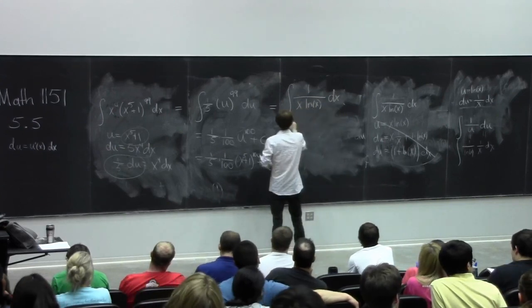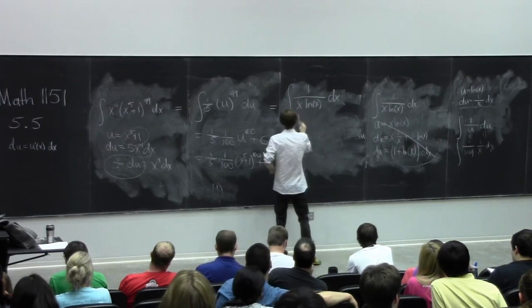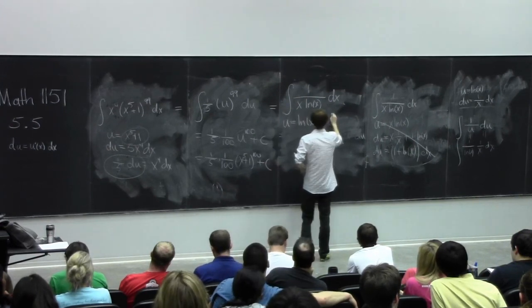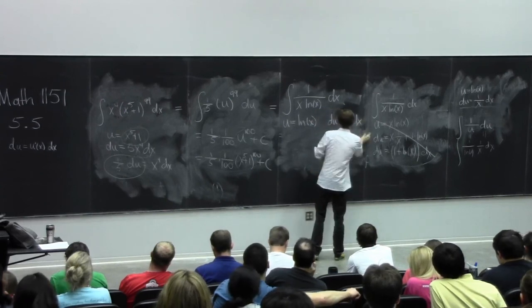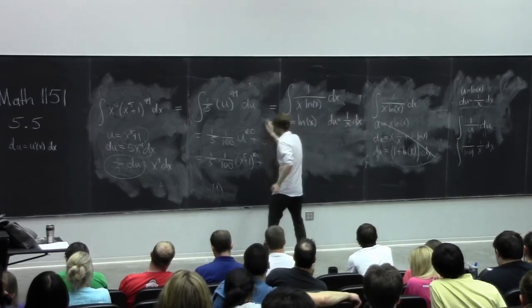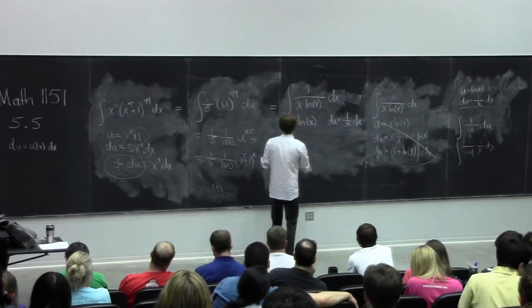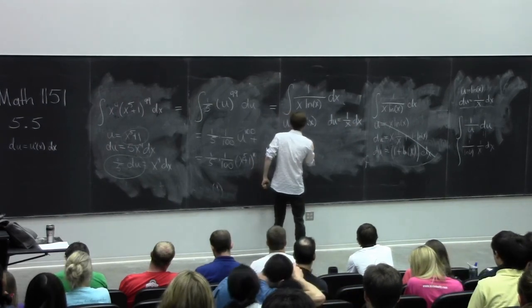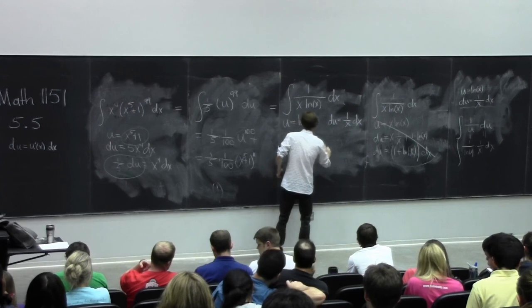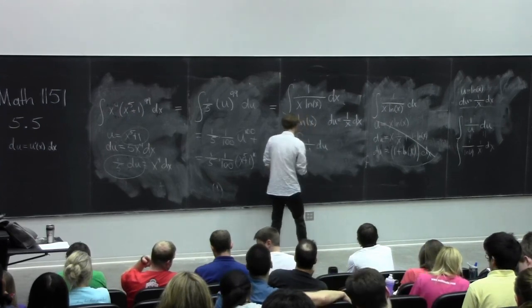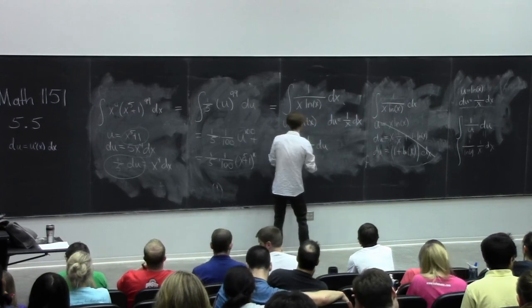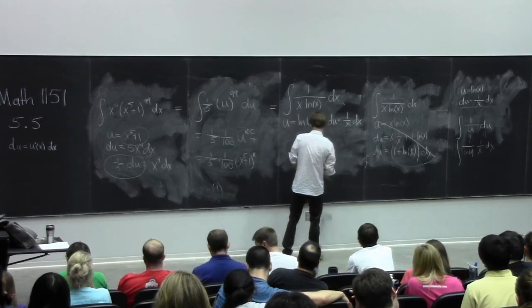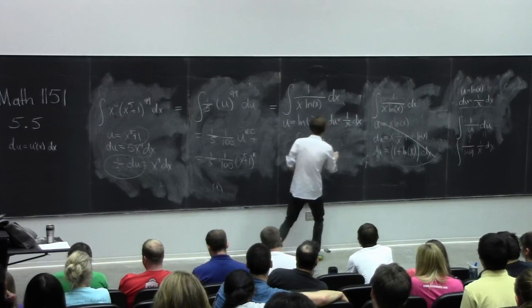And I say, hey, set u equal to natural log of x. And now du is equal to 1 over x dx. And so now we're going to write 1 over u du.